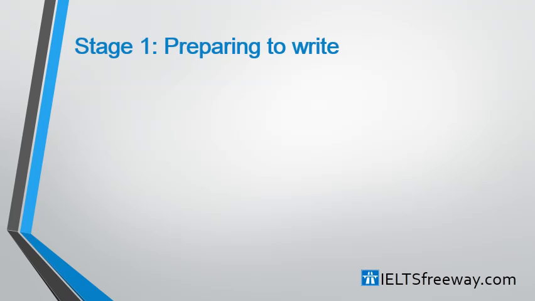So what exactly are you going to do here? Well, once you're onto your task 2, you've got 40 minutes available. The first thing you need to do is identify the question type. We went through this in video 2.